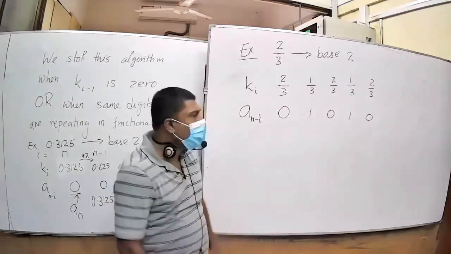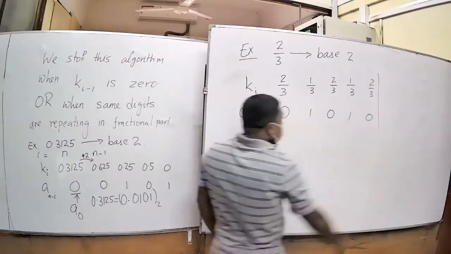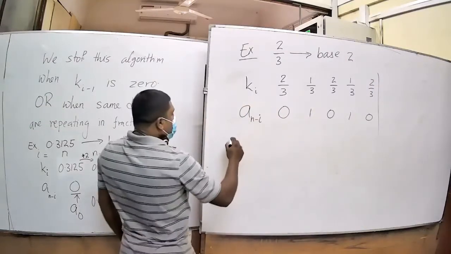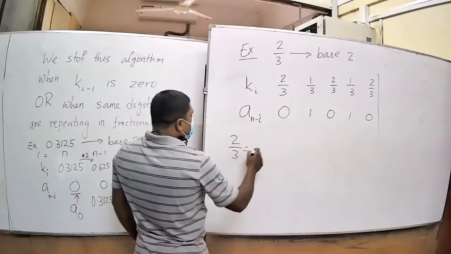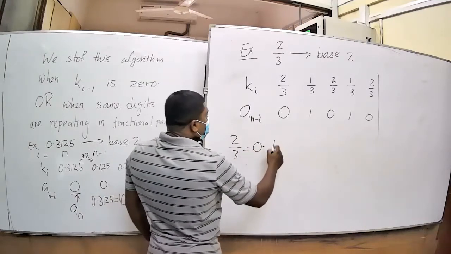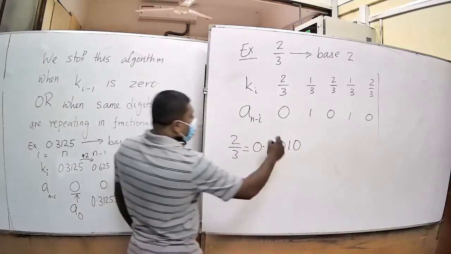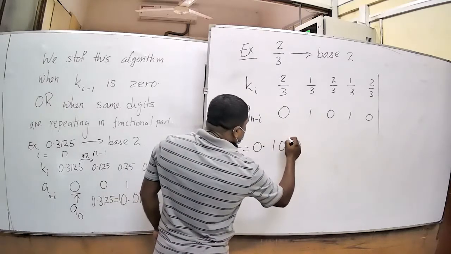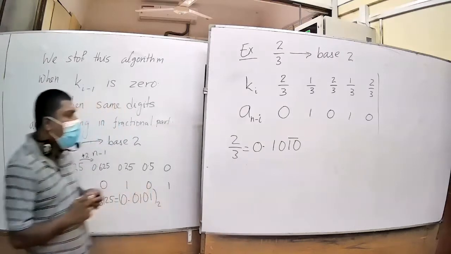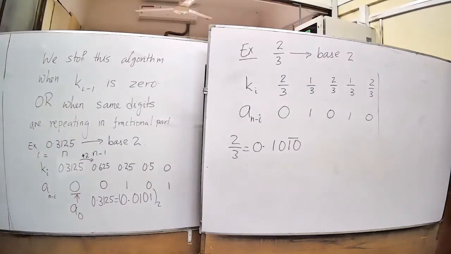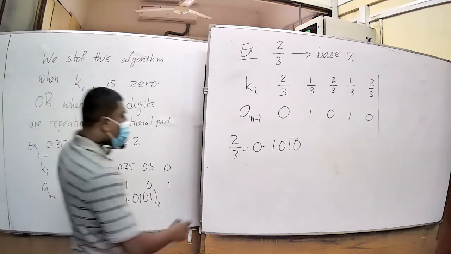So you can stop here and say that this is 0.1010, and I put a dash over it, which means 1010 is repeating.